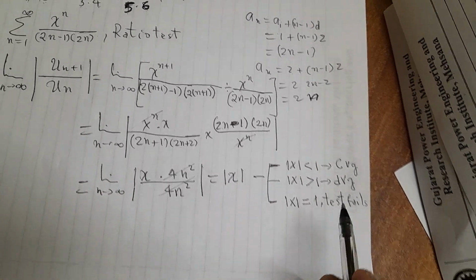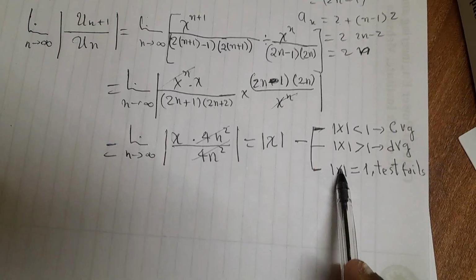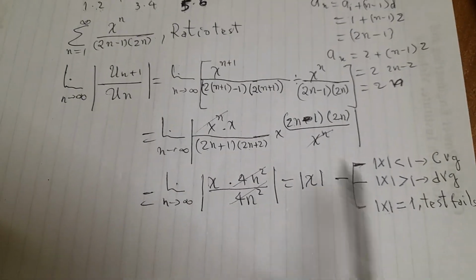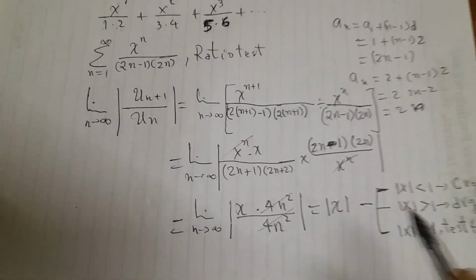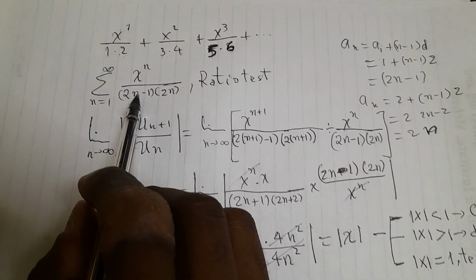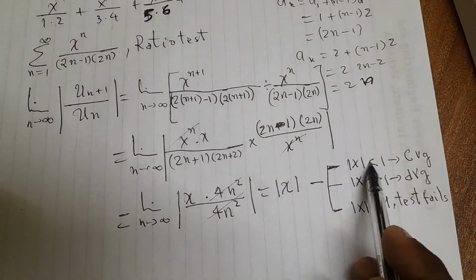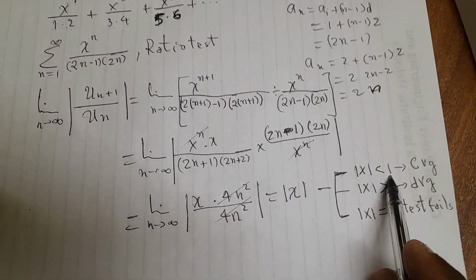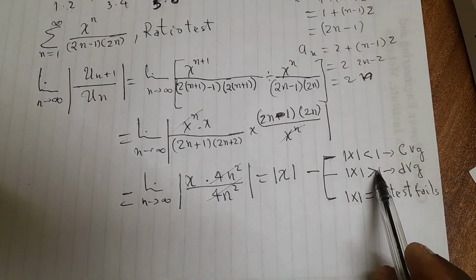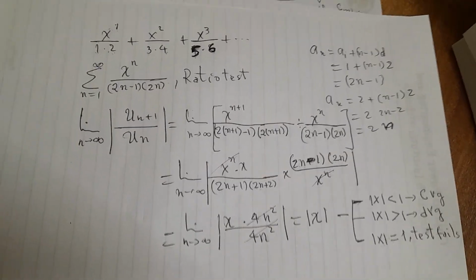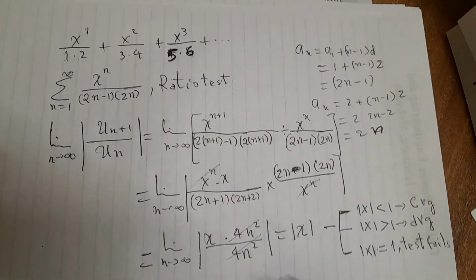When the test fails, it means that we have to analyze this series again for x equal to 1 and x equal to minus 1. Because if for x equal to 1 the series converges, then I have to put less than or equal to 1. But if for one of these values the series diverges, I have to put strictly less than.